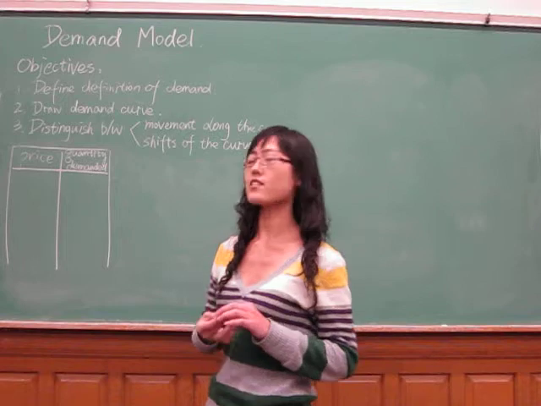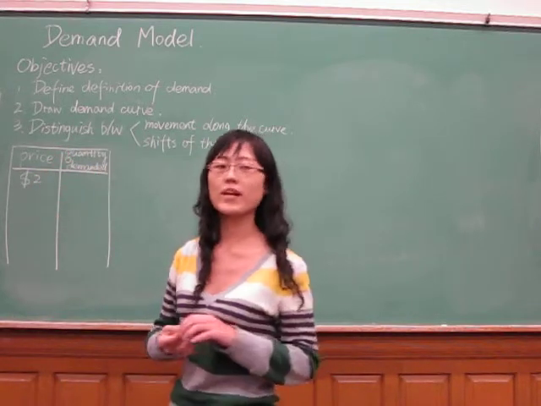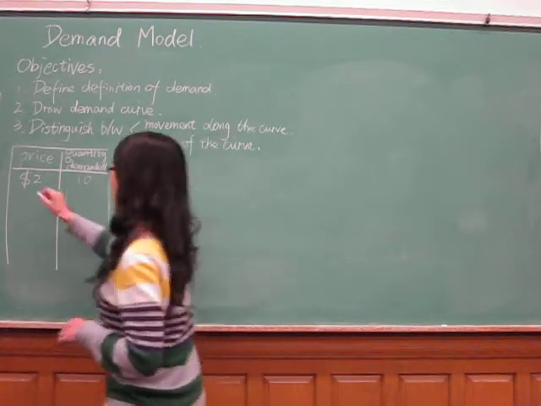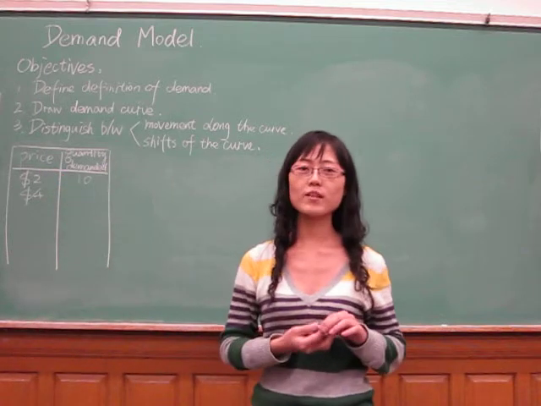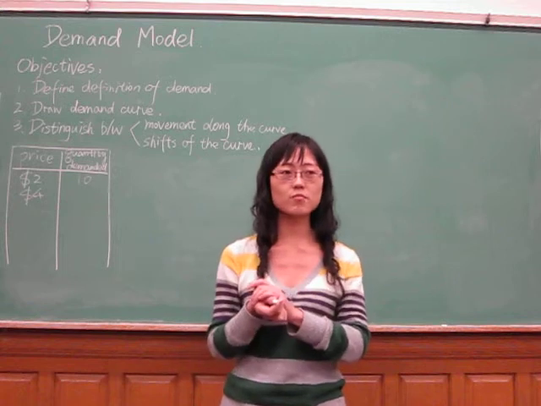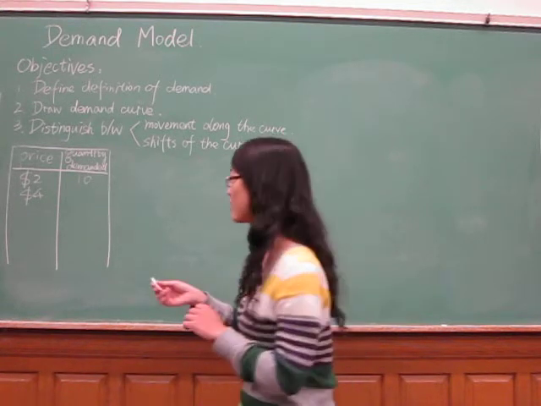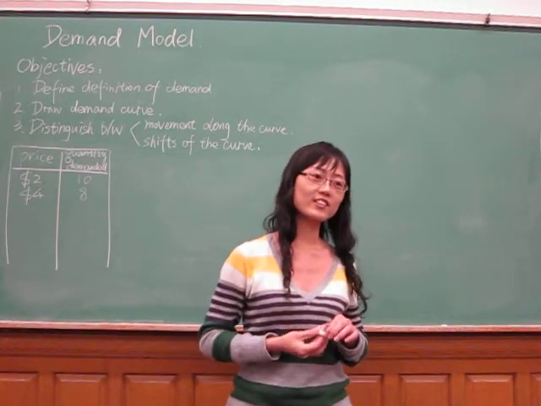Suppose that at the price of $2, person A is willing to buy 10 cups of coffee. Now the price goes up to $4. How many cups of coffee is he willing to buy? More or fewer cups? Fewer. Suppose it's 8. Why fewer?